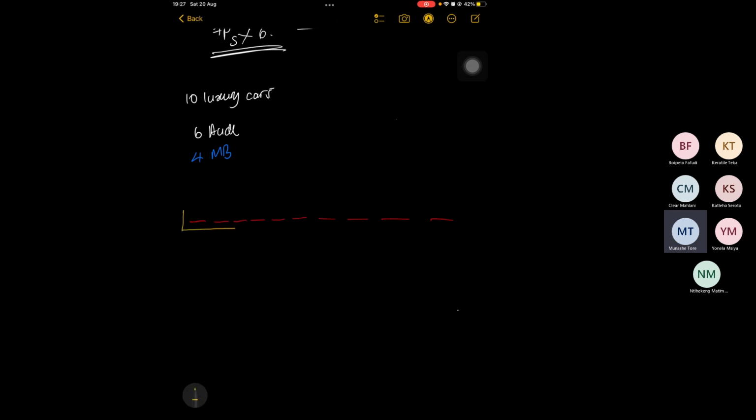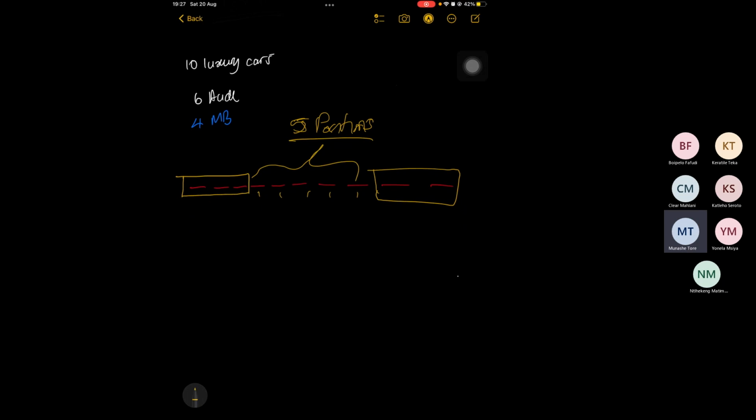The first 3 are Audi, which are in white. Then the last 2, what are the last 2? The last 2 to be serviced are Mac. So it's going to be these last 2. So you have 1, 2, 3, 4, 5. These are 5 positions. So you have 5 positions here, you have 3 there, then you have 2 there.